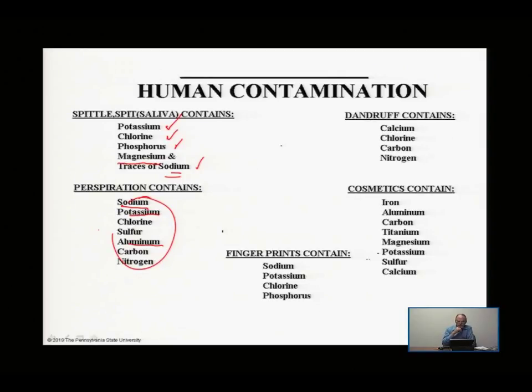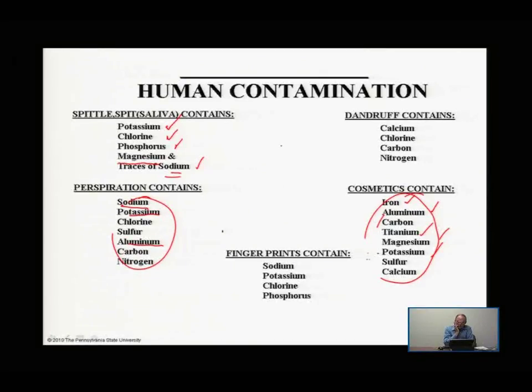Dandruff, calcium, chlorine, carbon, nitrogen, cosmetics. Oh, look at all these sources of possible mobile ions. And just a general rich supply of contamination. Fingerprints, that's the finger oils I was talking about.